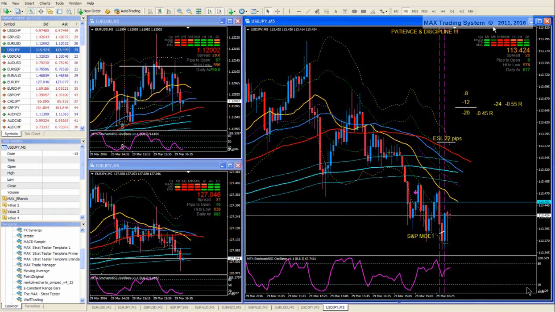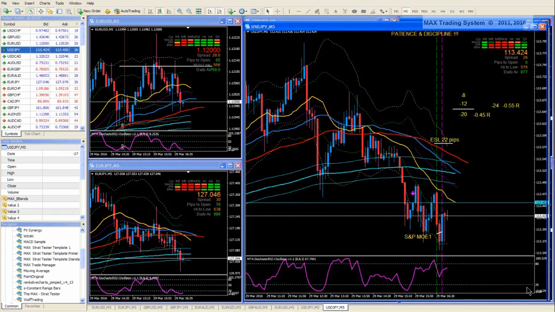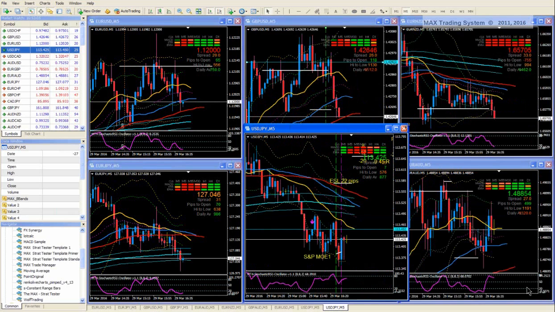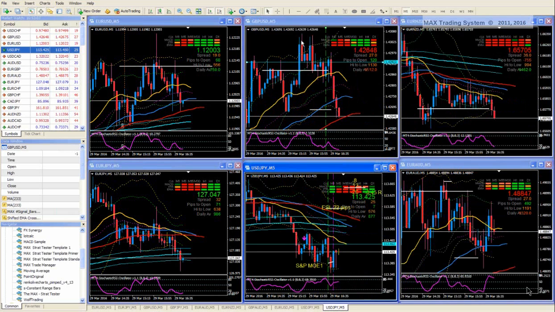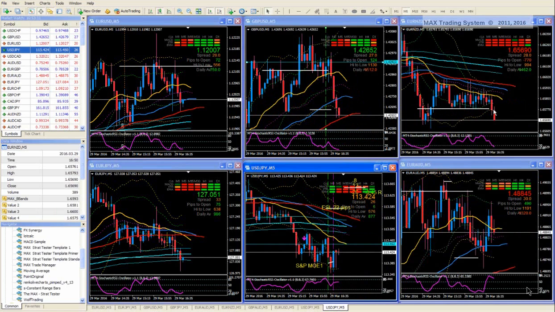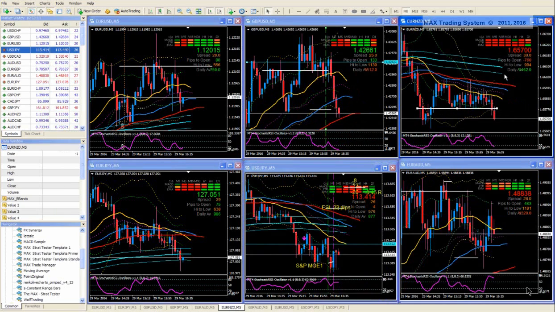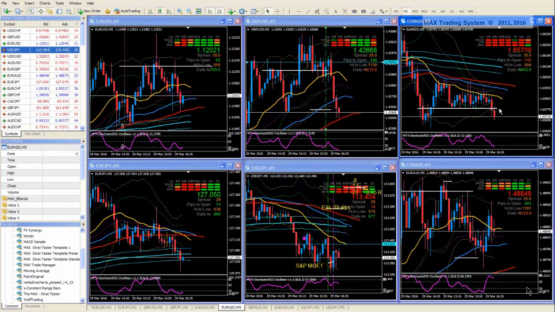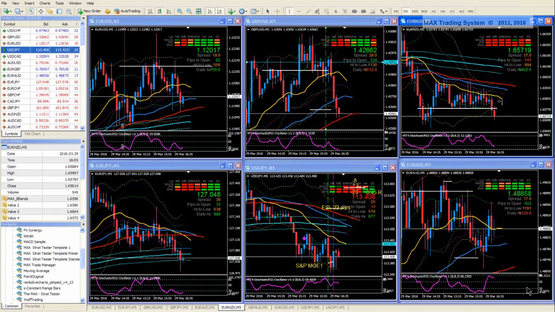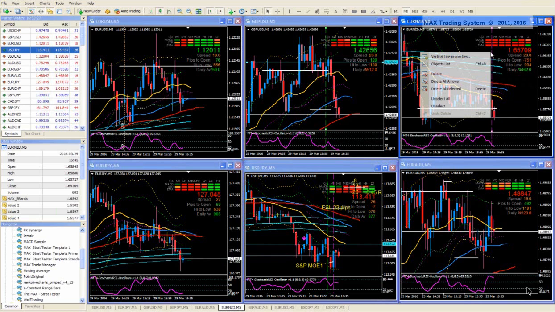Let's have a quick look at the other pairs here. Wow, a nice reversal in the pound, a breakout here in the euro kiwi. I don't like to trade the euro kiwi, but the spread is reasonable here. So on the euro kiwi, should I have been attentive, the entry setup would have been this one, just to illustrate.